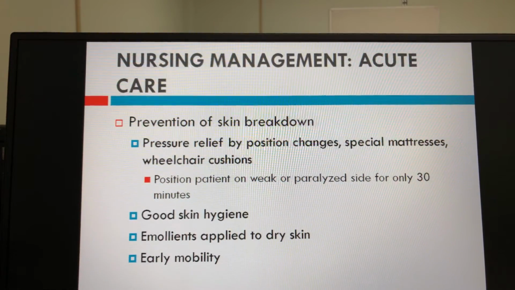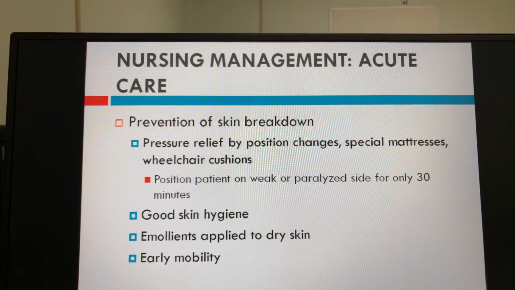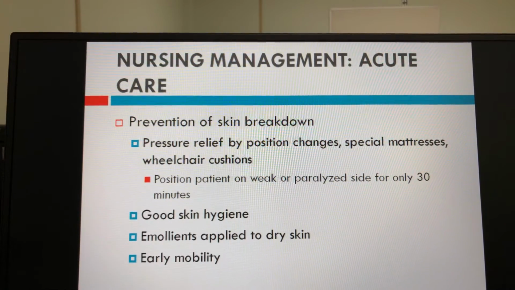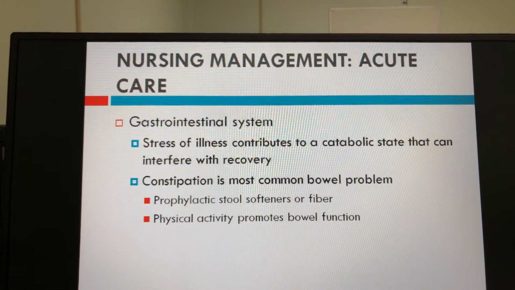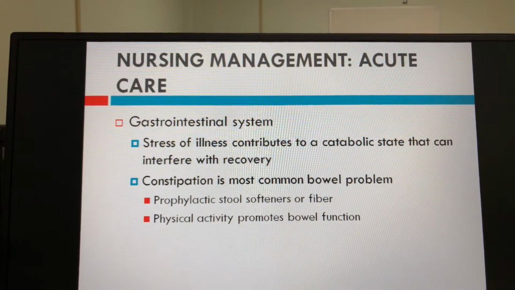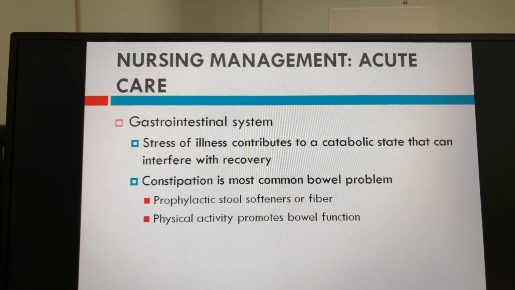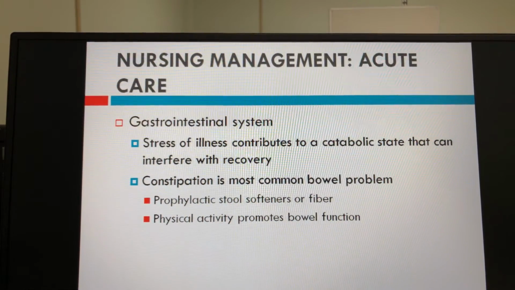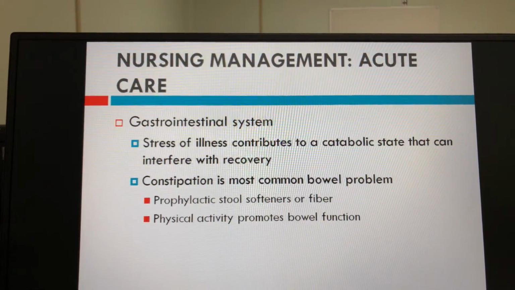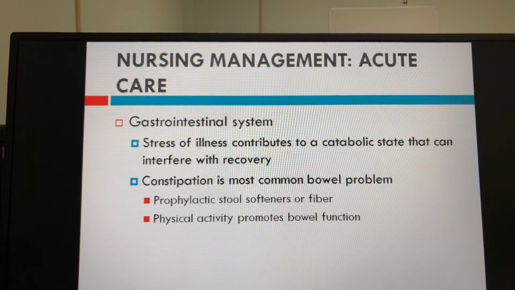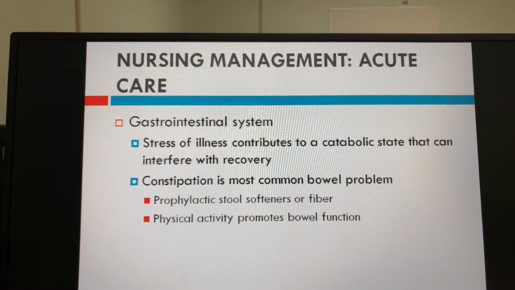Now, in regard to the GI system, if the patient does not have a daily or every other day bowel movement, we want to check the patient for impaction. The patient who has liquid stools could also be checked, because patients will ooze around the impaction.